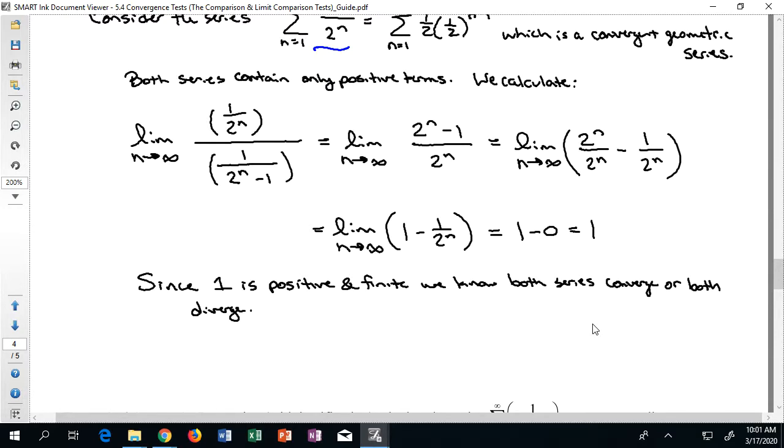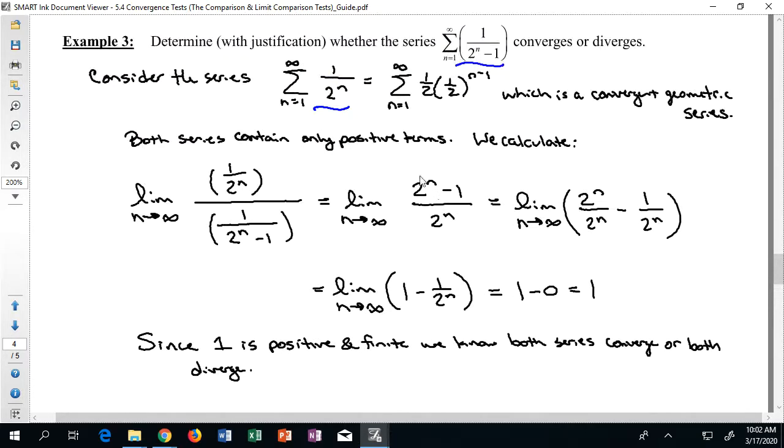Notice the limit comparison test doesn't give us a final conclusion yet. It's why it's always going to be so important that the series that we use with our original is something that we know something about. But this series, we already said, is a convergent geometric series.